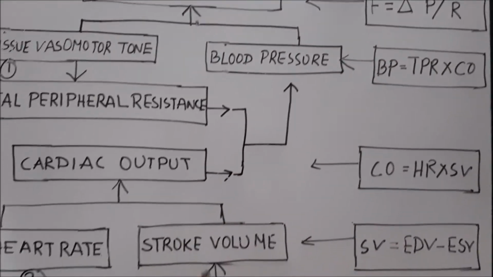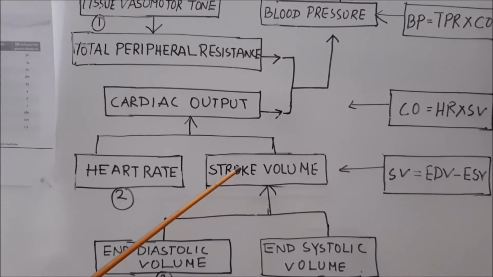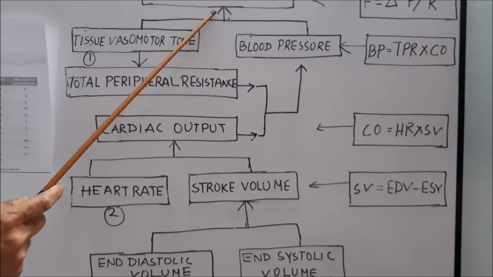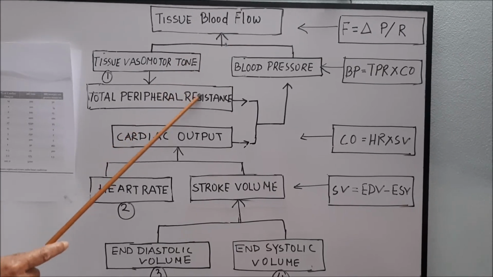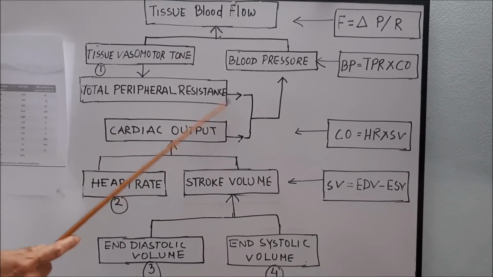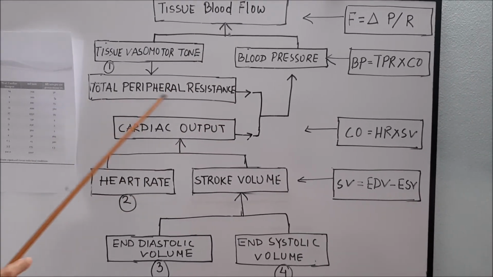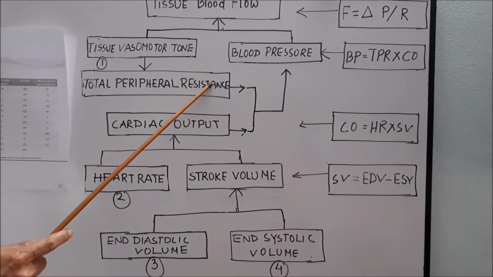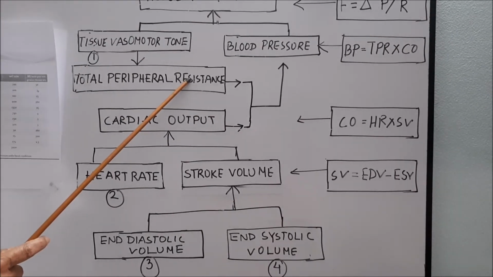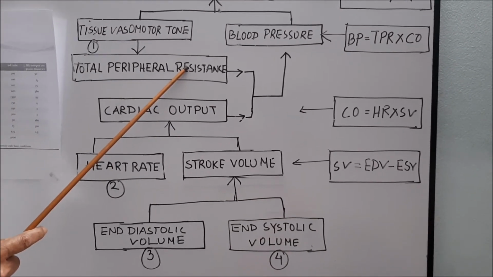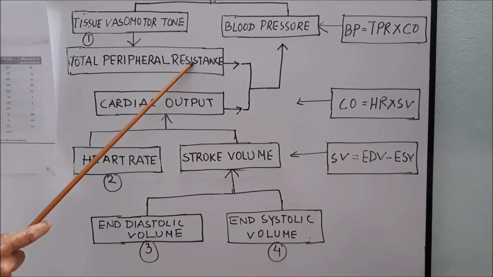Our aim in these three lectures is to ensure understanding of how tissue blood flow is controlled. Tissue blood flow is controlled by total peripheral resistance. Maximum total peripheral resistance is offered by arterioles, meta-arterioles and pre-capillary sphincters.